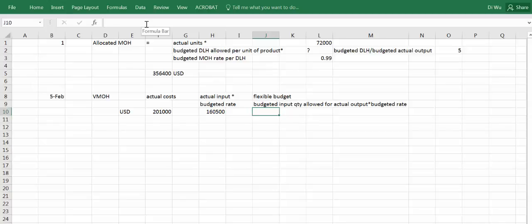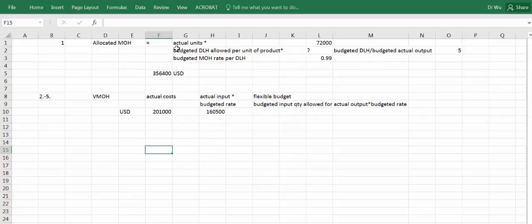So the last one is about the flexible budget. We need to find the budgeted input quantity allowed for actual output, multiplied by the budget rate. I don't know if you're aware of that actually. From question 2 to question 5, we can use the result from question 1.